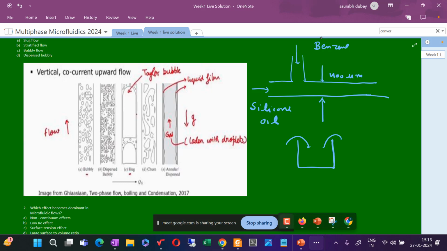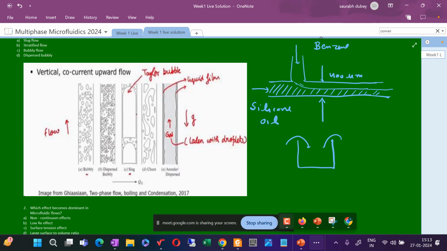But when these two fluids are inside the microfluidic channel, they won't mix. Rather, they will each be in their own layer. Benzene comes from here and goes like this, and silicon oil comes up here. This shaded layer is for silicon oil, and this other layer is for benzene. They will not mix.